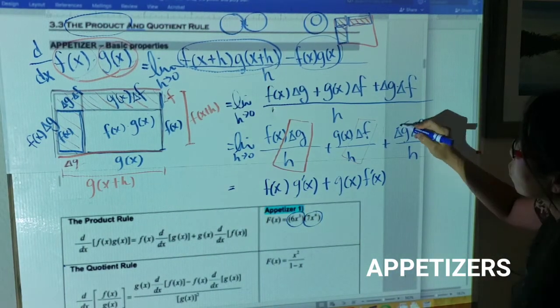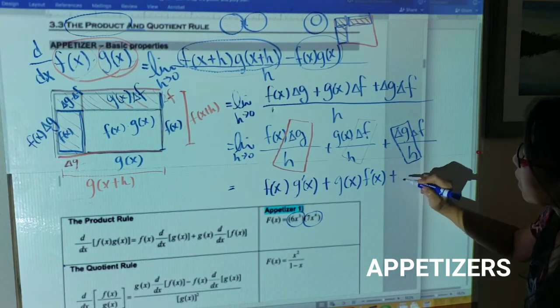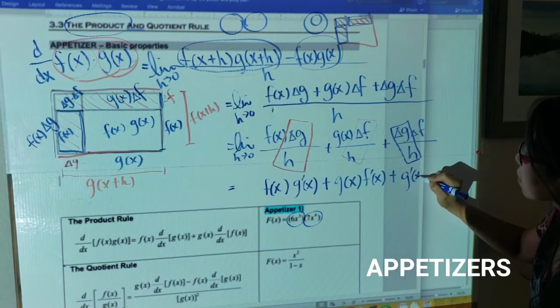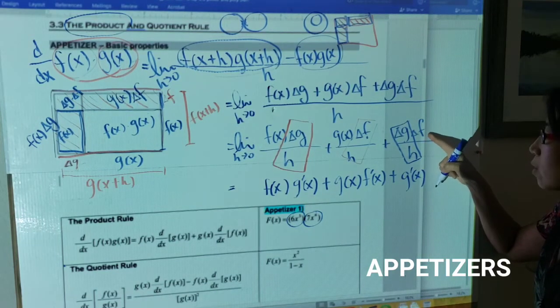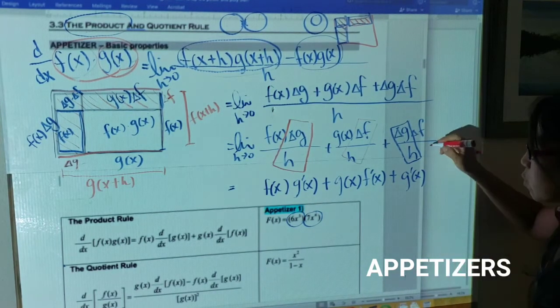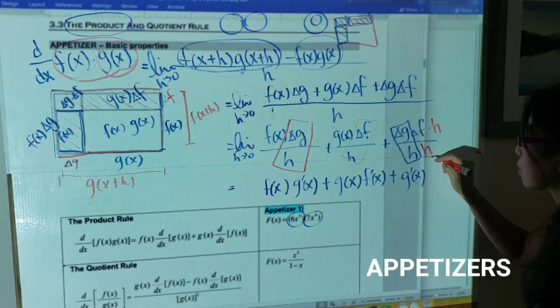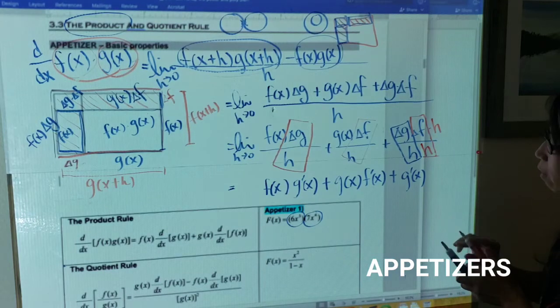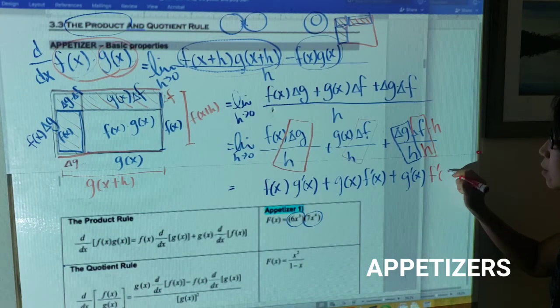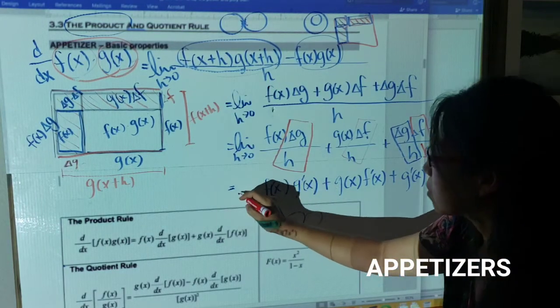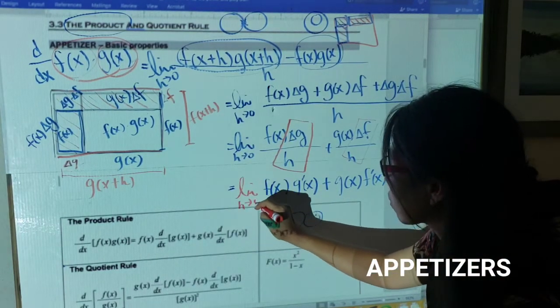Do you see that I can rewrite as g derivative of x? Then how about this one? I'm going to do some math trick. We do that commonly after calculus class. I'm multiplying h and h because that is also derivative of f function times, now I have h. Then I still have my limit h goes to 0.